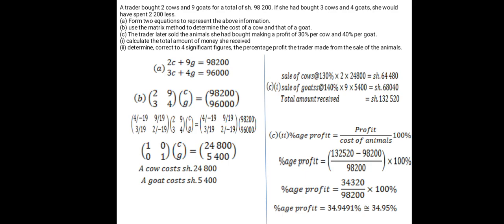Use the matrix method to determine the cost of a cow and that of a goat. The trader later sold the animals she bought, making a profit of 30% per cow and 40% per goat. 1. Calculate the total money she received. 2. Determine correct to 4 significant figures the percentage profit the trader made from the sale of the animals.